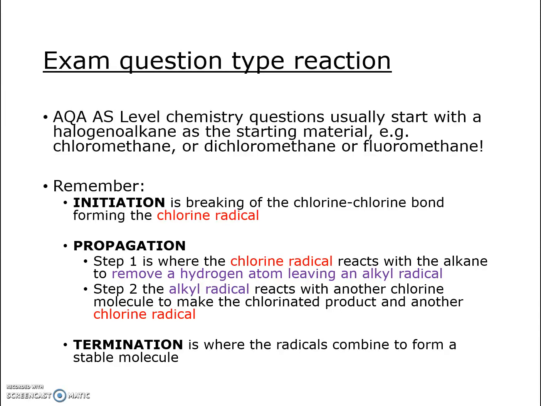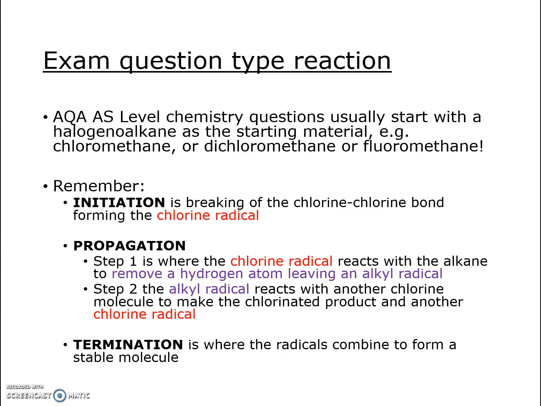And you will be expected to write perhaps initiation steps, propagation steps, and some termination steps. Remember this slide. Initiation is just the breaking of the chlorine-chlorine bond to form 2 chlorine radicals. So that's the easy step. The propagation, this is where it gets tricky.